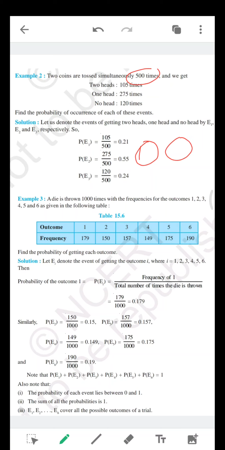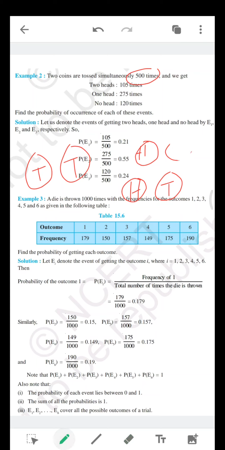On both the coins you may get heads, or on one coin you may get heads and the other coin you may get tails, and on both the coins we can get tails also. 3 options we have. When we toss 2 coins we have how many options? 3 options.